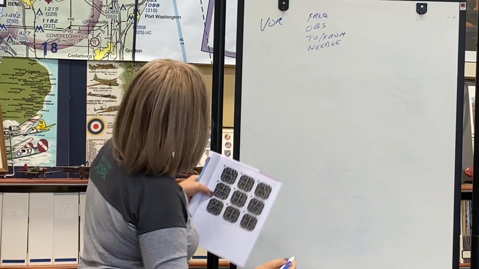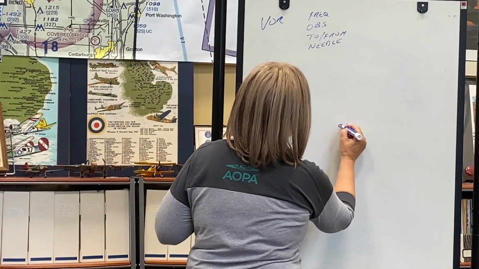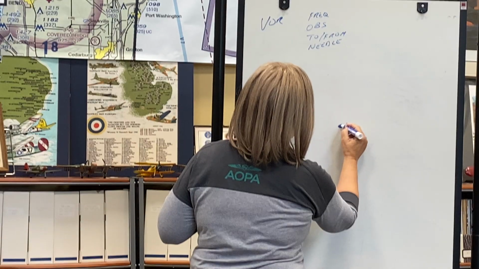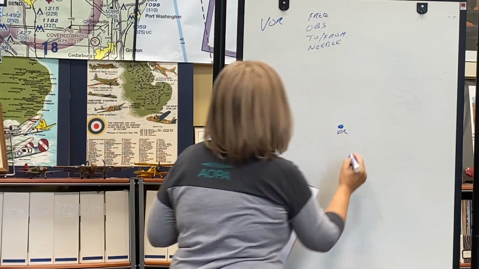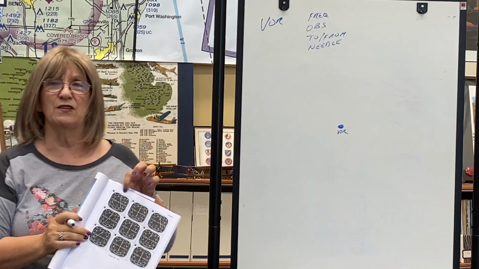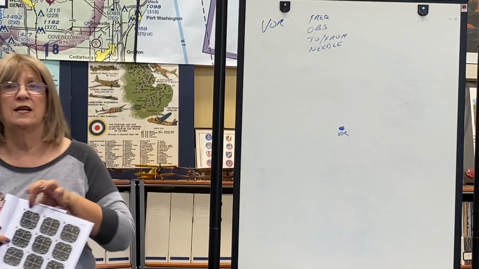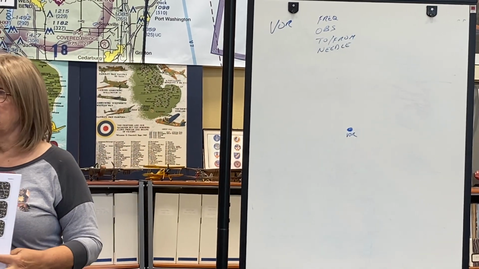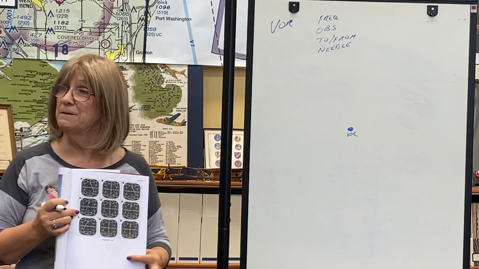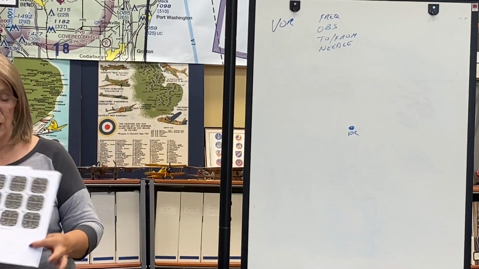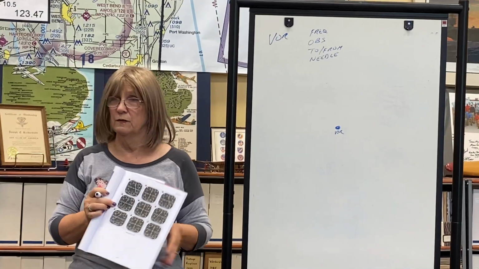Okay, so I'm going to draw a dot here, and this is my VOR. If I look at these diagrams, for test purposes, they can only reference these particular diagrams, so it's very helpful for me to know what each one of these means.